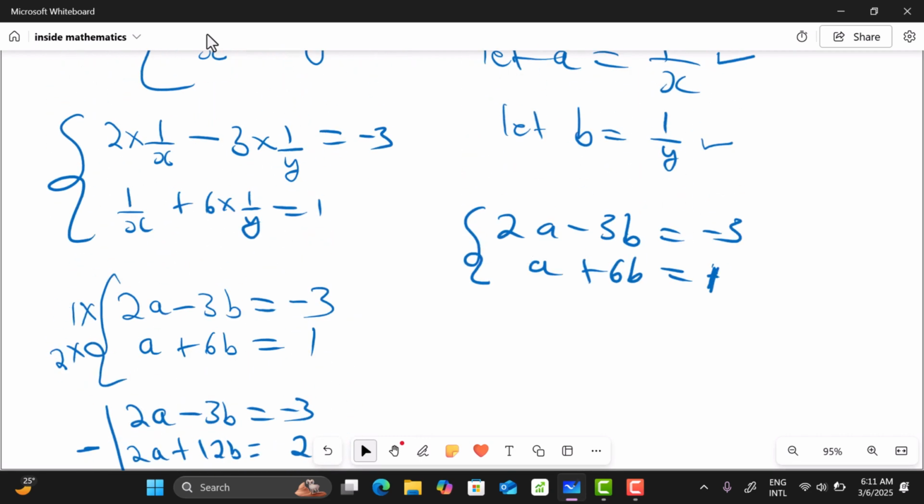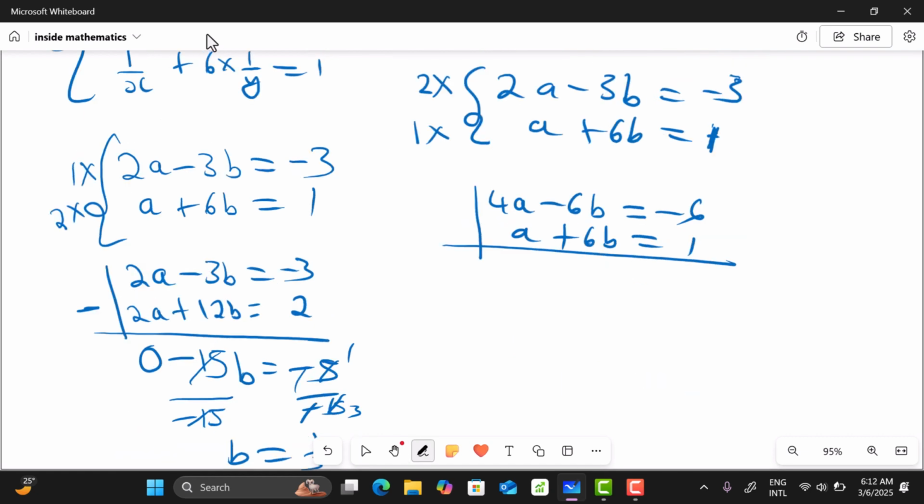So here, I'm going to multiply by 2. Here, I'm going to multiply by 1. So I get nothing but 4a minus 6b is equal to, this is 3, so I get minus 6. Same goes here, a plus 6b is equal to 1.